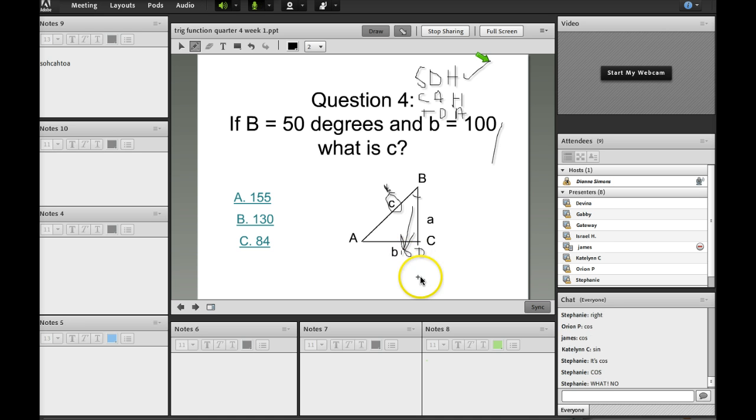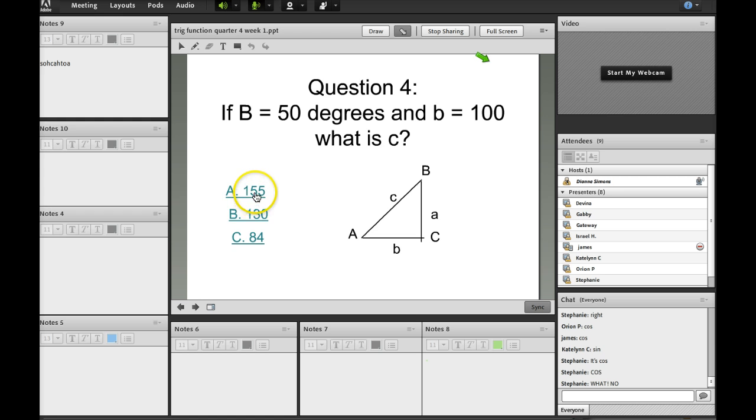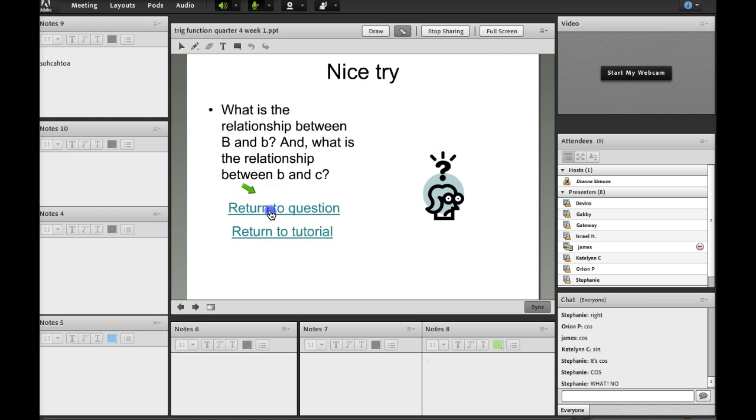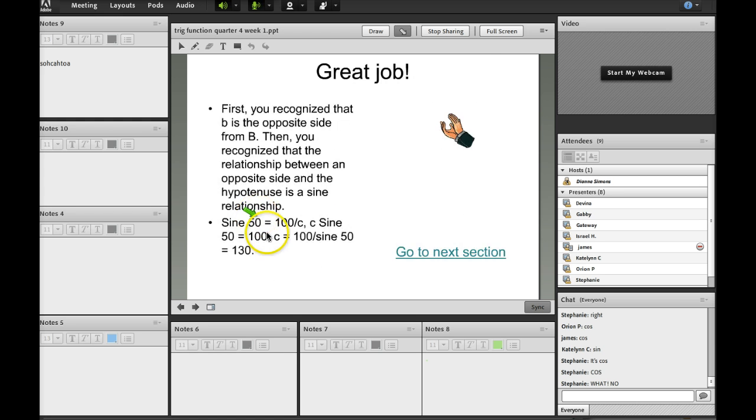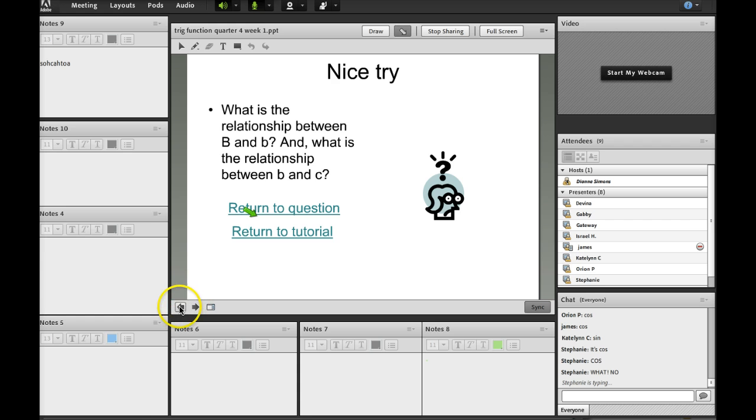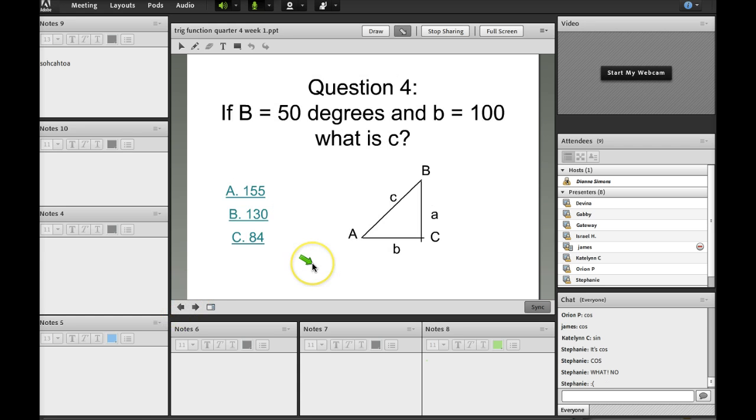Okay. Answer. This is 50. This is 100. I don't know if this one is set up. Oops, that's not right. Again, I don't have my calculator, so it's 130. It should be sine, okay? Let me go back here. Oops, there we go. Do you understand that, Stephanie, why it should be sine?